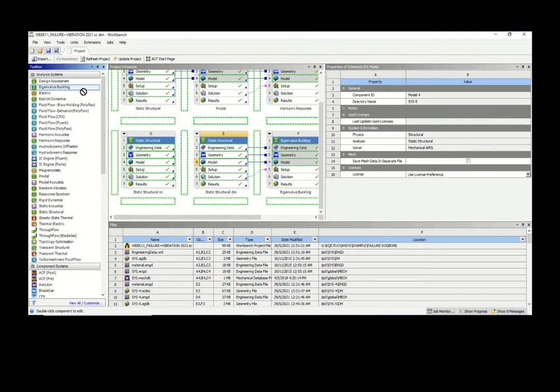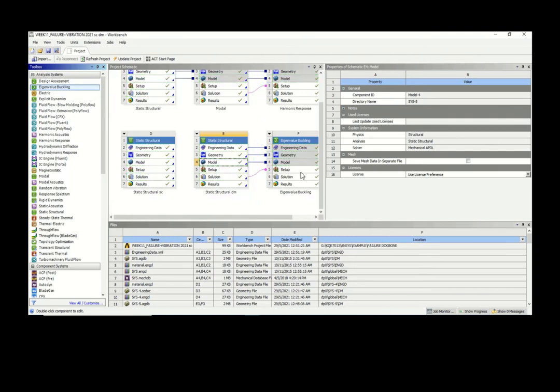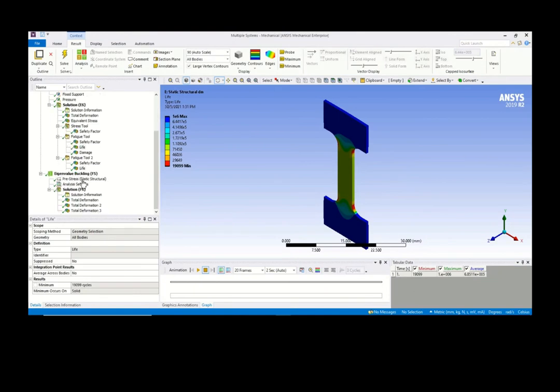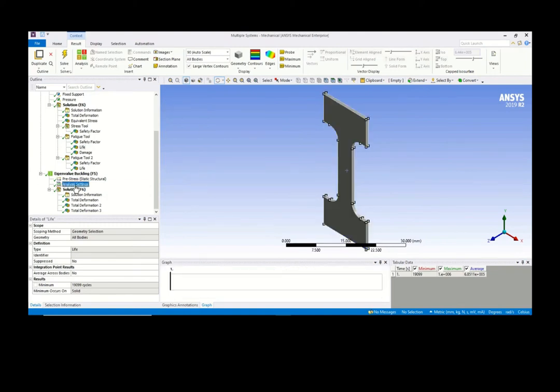Then you have something similar like that. It will share the engineering data, the material, the geometry, the models, as well as the solution you have done previously. If you open this, there is a backlink coming here, connected. So here you need to do some initial settings.